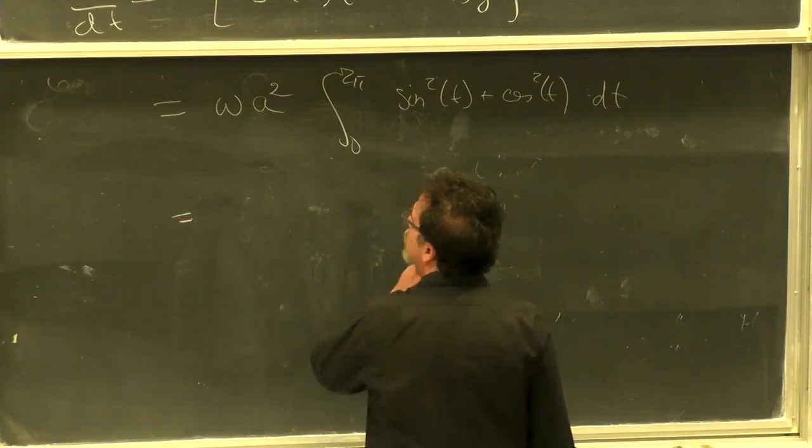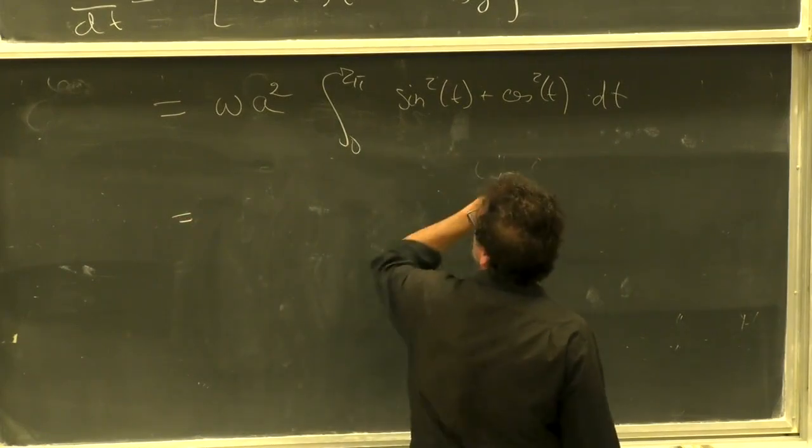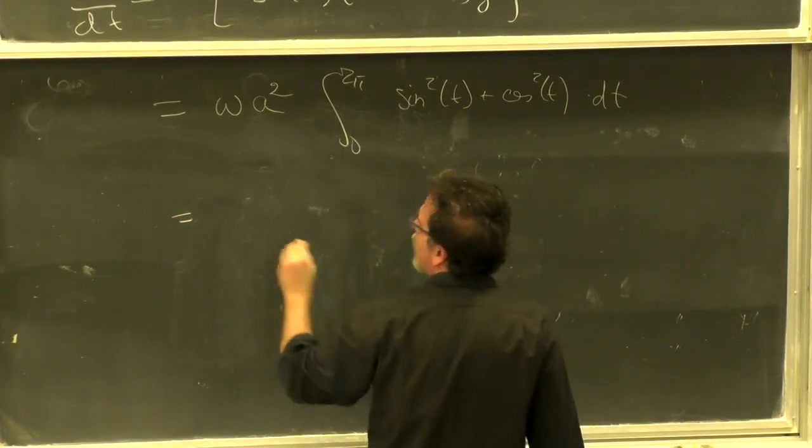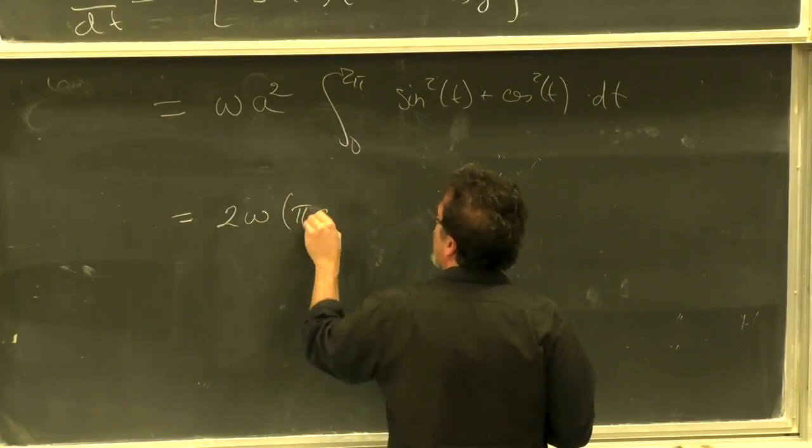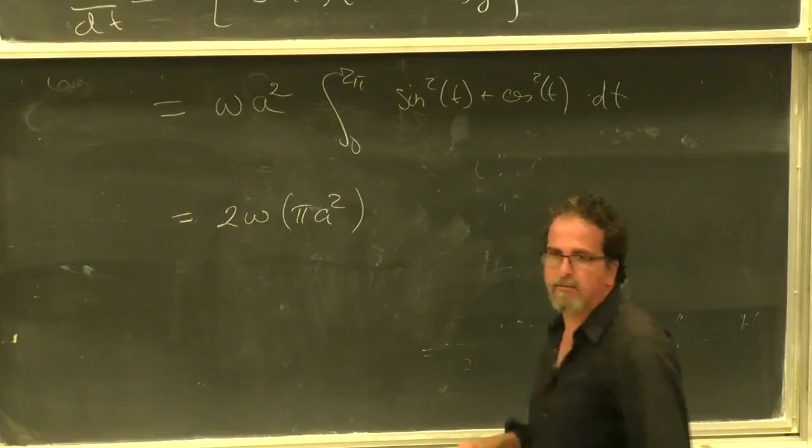Which is equal to, well, this is 1 integrated with respect to t from 0 to 2 pi, which is simply 2 times omega times pi a squared. And I'm going to write it like that.